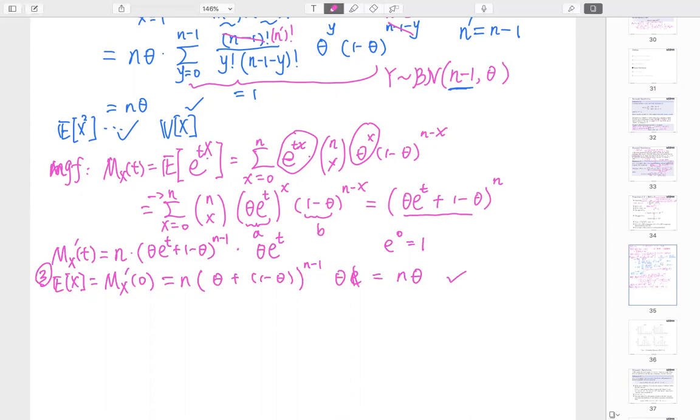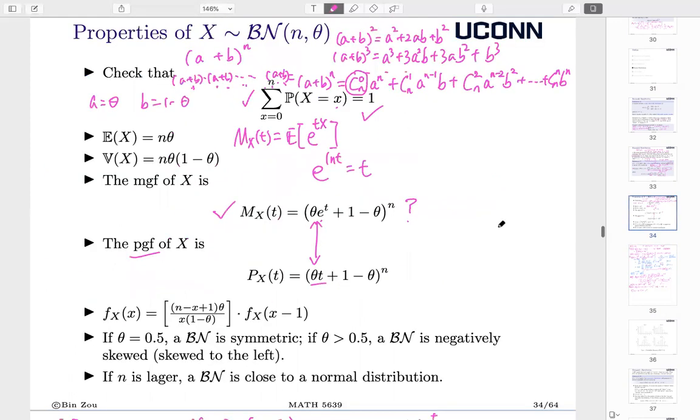By the way, we also have the result for the probability generating function. So check this is correct. It shouldn't be that complicated. Next, given the probability function, we can easily work out what we sometimes call the recursive formula, right? Because it gives you a connection between the probability at x and the previous level, x minus 1.